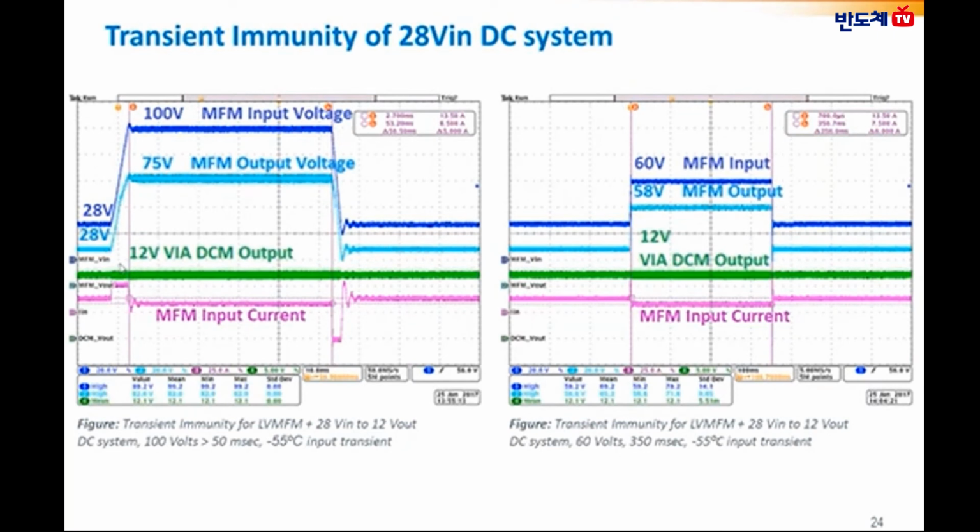And the general layout guidelines are also an important factor that needs to be considered while designing the overall system. The PCB layout has an effect of reducing or increasing the radiated emissions.